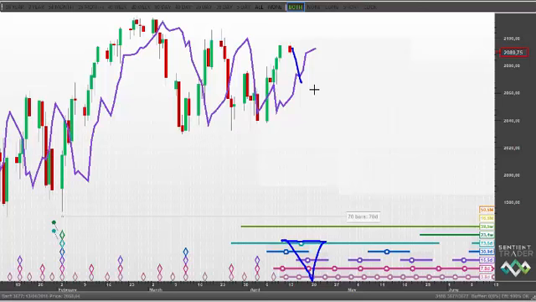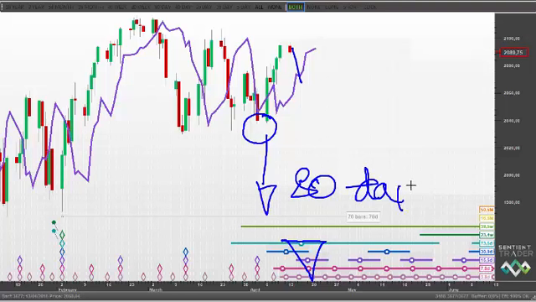However, there is one possibility which indicates that we should not take that short trading opportunity. And it's an important consideration, and that is the possibility that this trough over here turns out to be a trough of the 80-day cycle. I've just mentioned how that is possible.